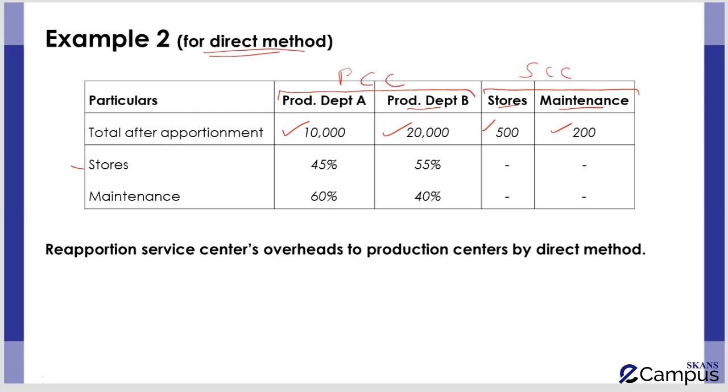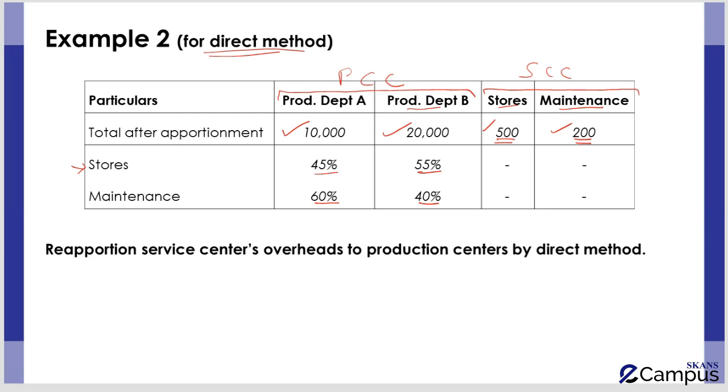When we reapportion, stores gives 45% of its total value of 500 to production department A and 55% to production center B, which means stores is not sharing its cost with maintenance. And when we reapportion, maintenance gives 60% of its cost to production center A and 40% of overhead cost to production department B. Here again you can see maintenance is not sharing its cost with stores.